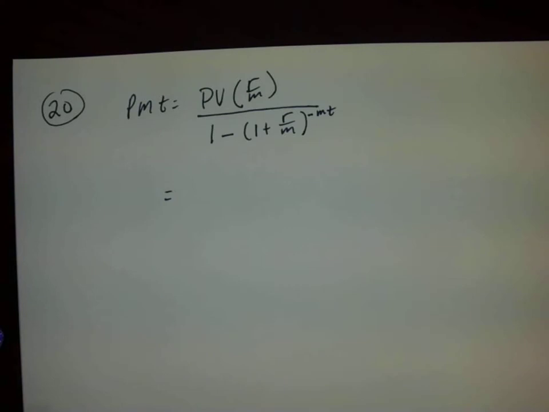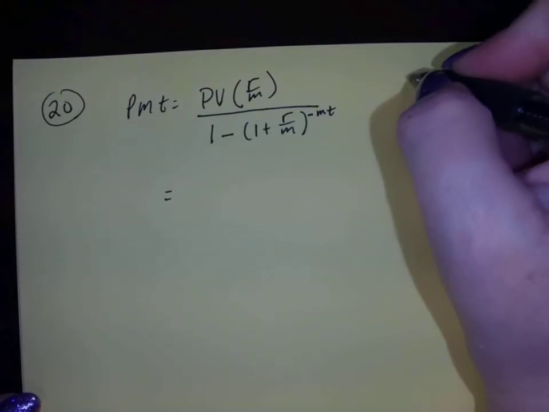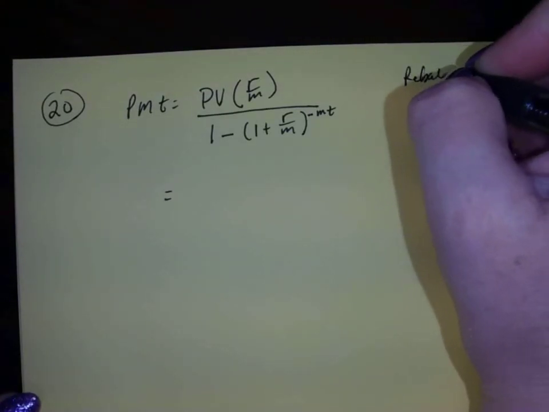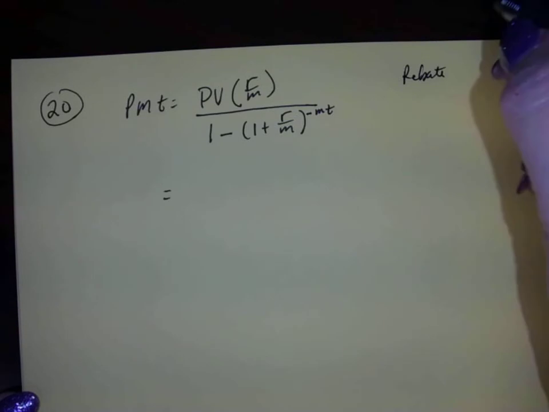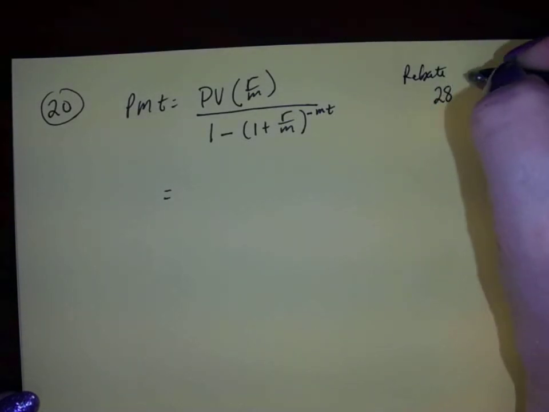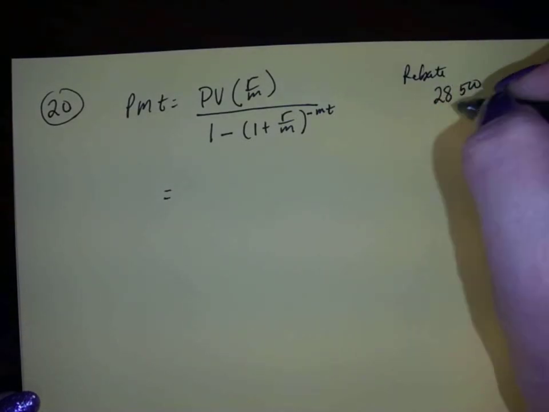So the present value that we are given, we have to pay attention to which part we're working here. If we are doing the rebate, the initial price that we are told is $28,500.